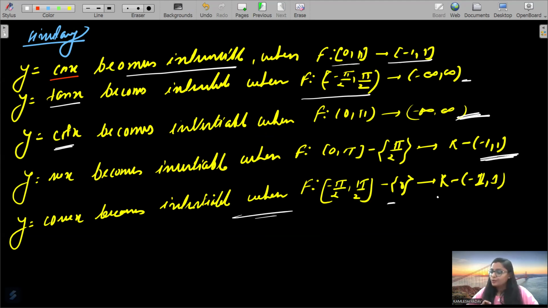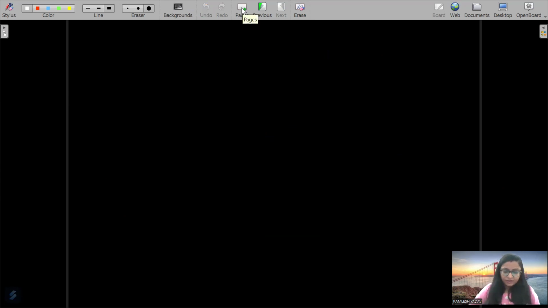Now we discuss the graphs of inverse trigonometric functions and find their domain and range. We also know that the inverse function f inverse x is the mirror image of f(x). So let us start with the graph of y = sine inverse x.